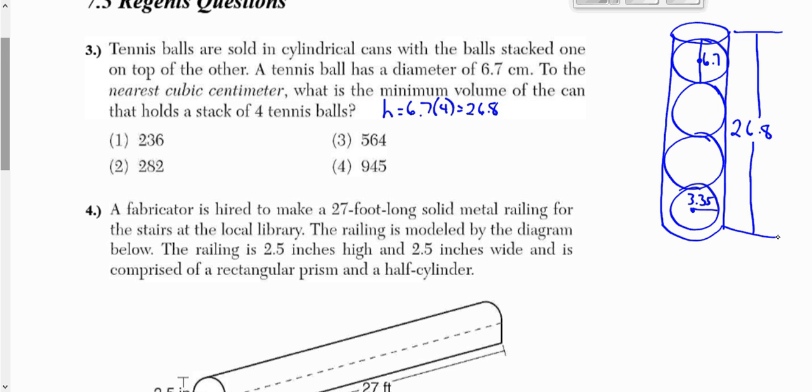We got some radii in here, don't we? So the minimum volume of the can, in other words, they're going to be packed in tight, right? Do we now have our pi r squared h we can do?